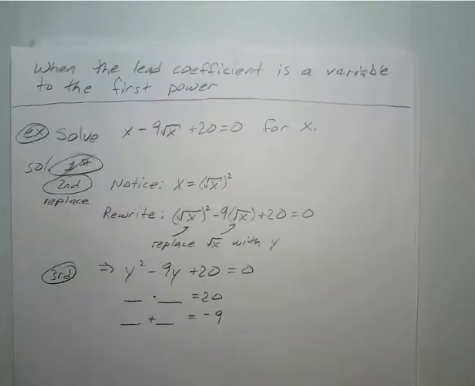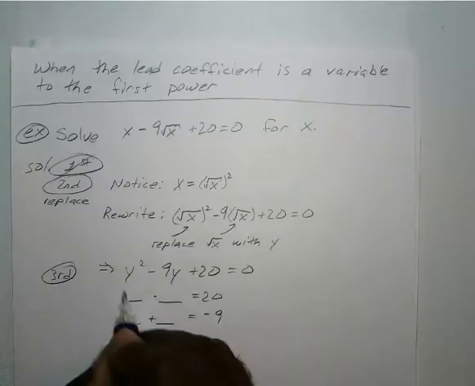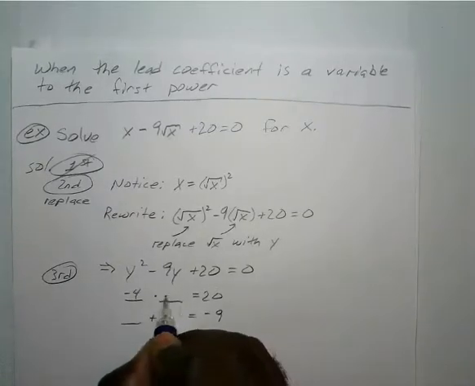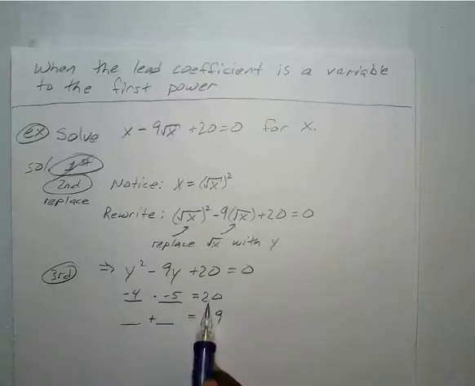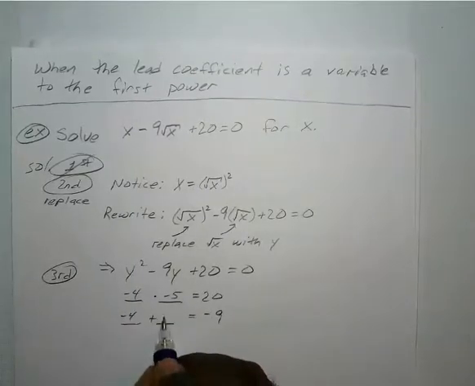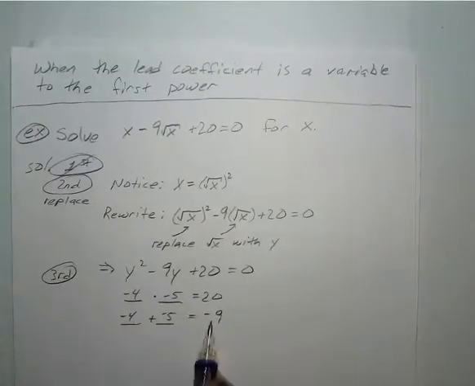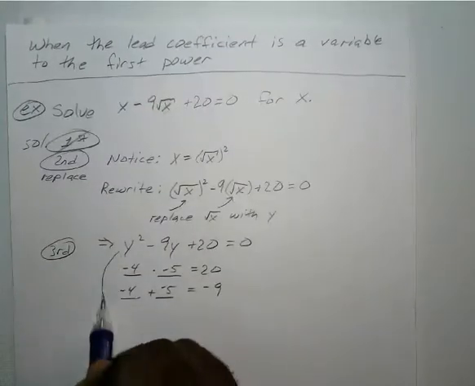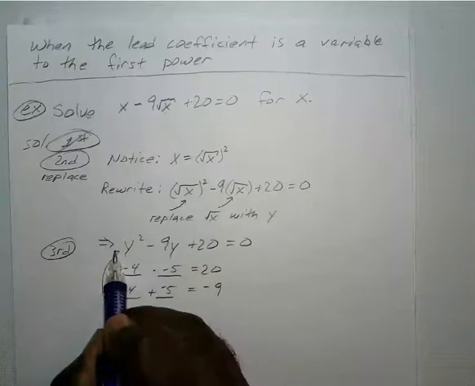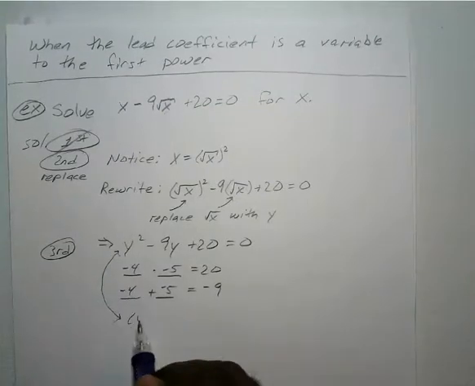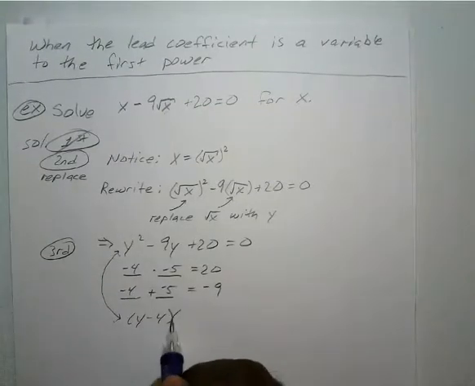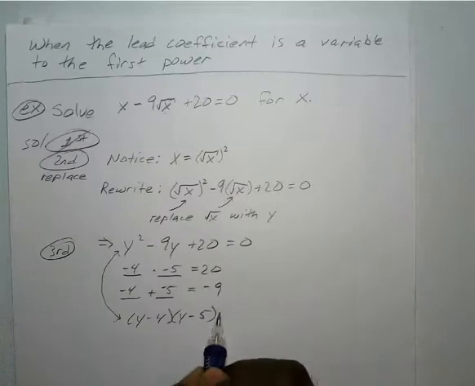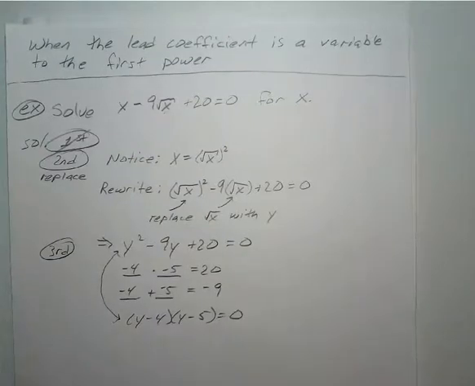Okay, now in this case, -4 and -5 works. Because -4 times -5 equals +20, and -4 plus -5 equals -9. So this will actually factor to become y minus 4 times y minus 5 equals 0.